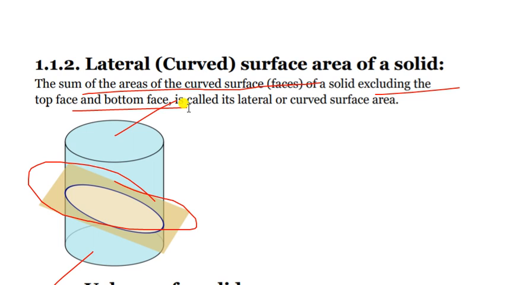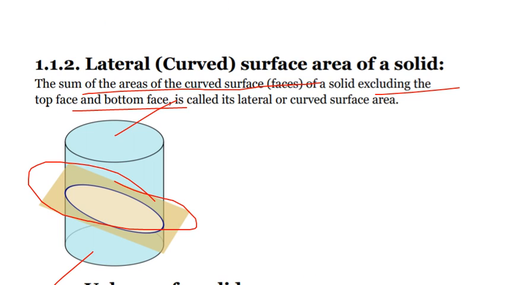But for lateral surface area or curved surface area, you have to take only the curved face, without the top face and without the bottom face. Then only you will get the lateral surface area of any solid. Is it clear? So: total surface area, lateral surface area.